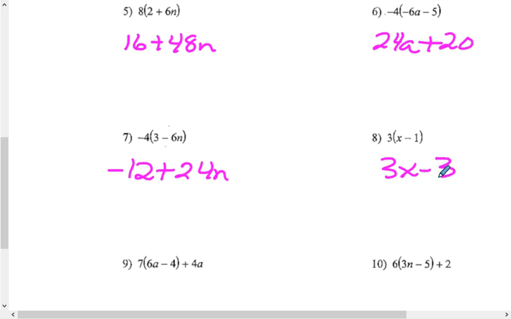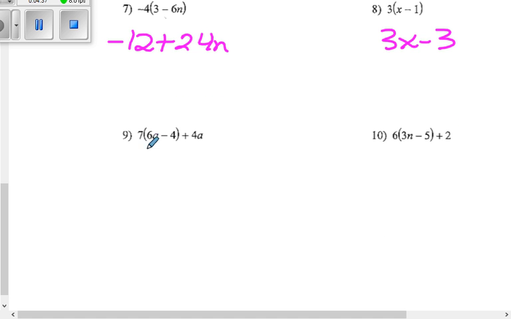3x minus 3. Right, a little glitch there. 7 times 6 is 42. 42a minus 28 plus 4a.